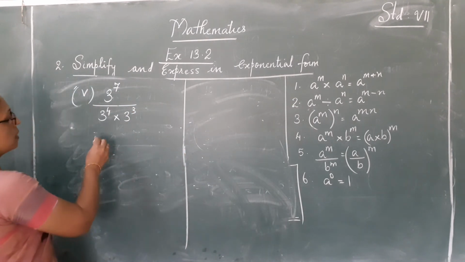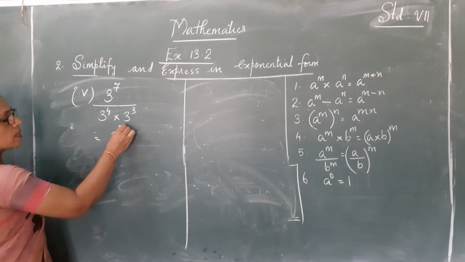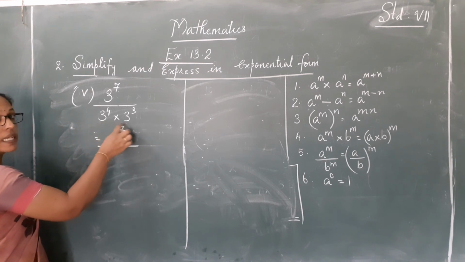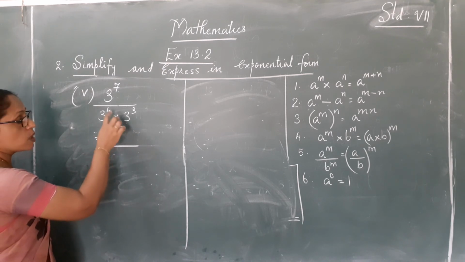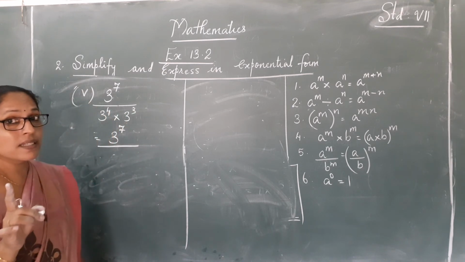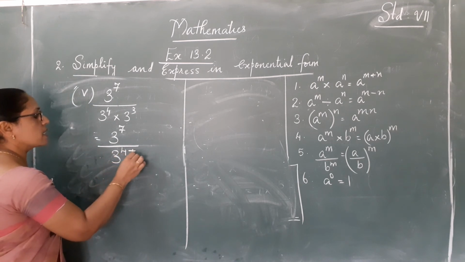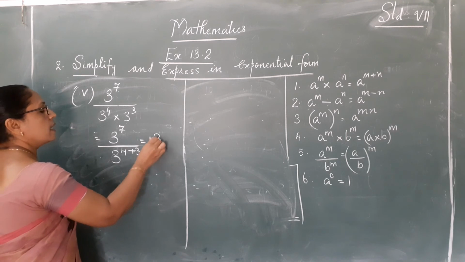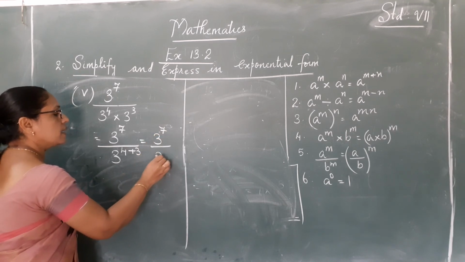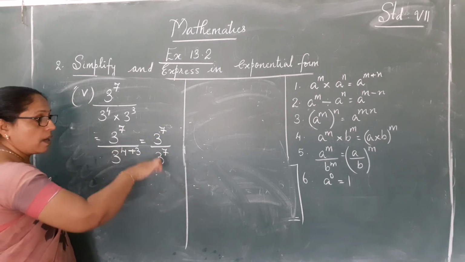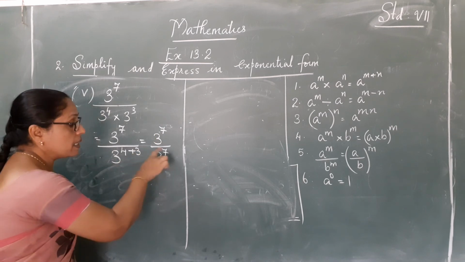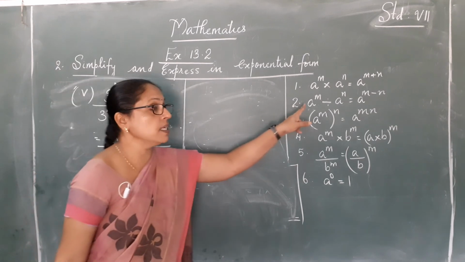So what we get? Come on. 3 raised to 7 by, bases are same and it's multiplying. So what we have to do with the powers? Exactly, we have to add the powers. 3 raised to 4 plus 3. So 3 raised to 7 by 3 raised to 7. Now again the bases are same, but it's division. So here comes the division.